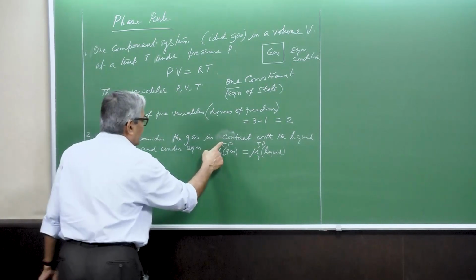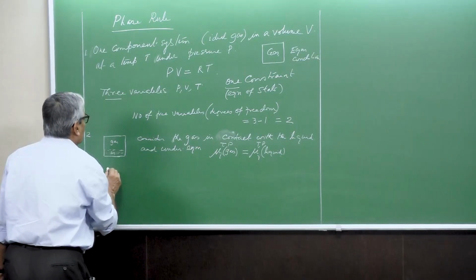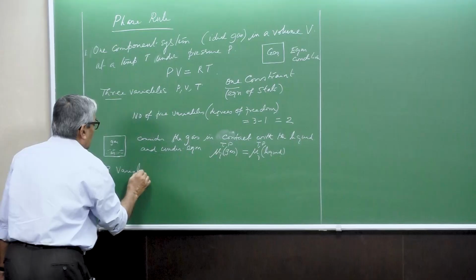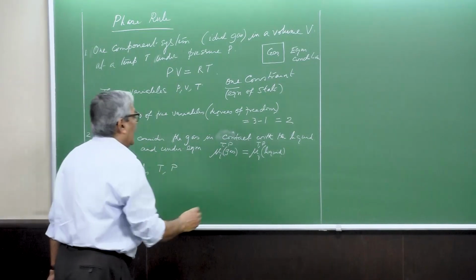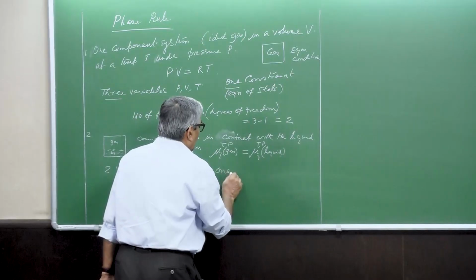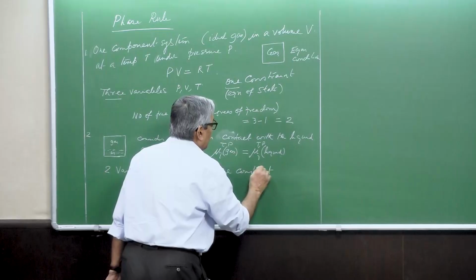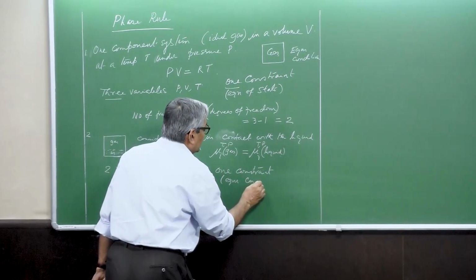Now we have two variables, T and P, and one constraint, that is the equilibrium condition.